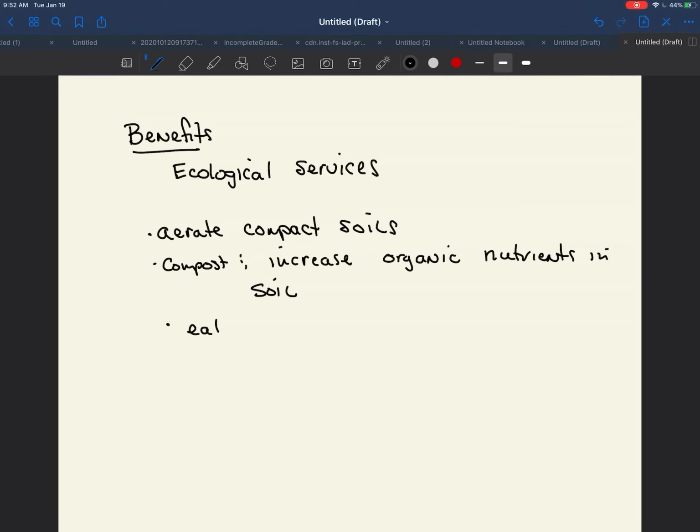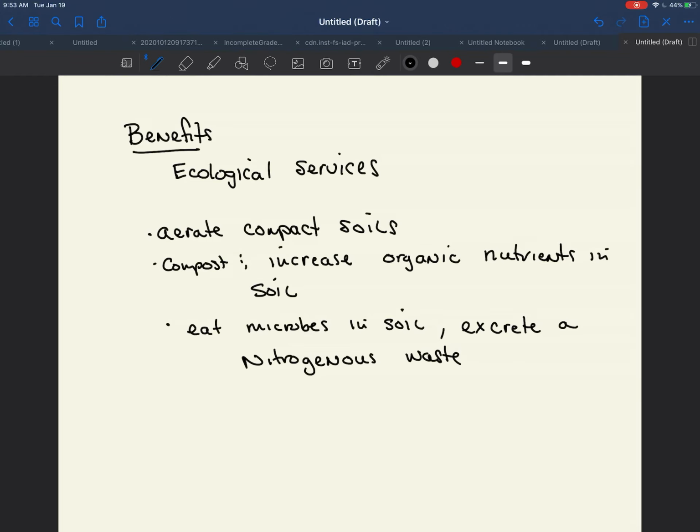Earthworms also eat microbes, right? They eat microbes in the soil. And they excrete a nitrogenous waste like urea. So this could be used by the plants instead of applying nitrogen-based fertilizer.